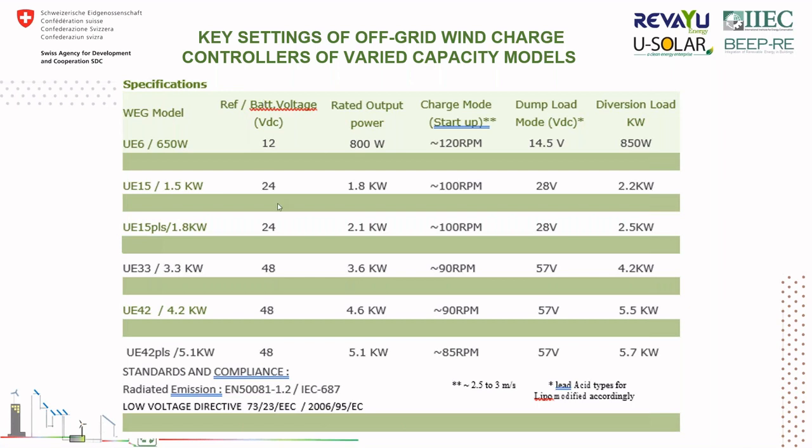So this is the point. Diversion load is the point when there is a cutoff, and the surplus power generated is wasted through the dump loads through heat dissipation. This is for safety purposes, so that there are no surges beyond a controllable level in the entire settings that we create.